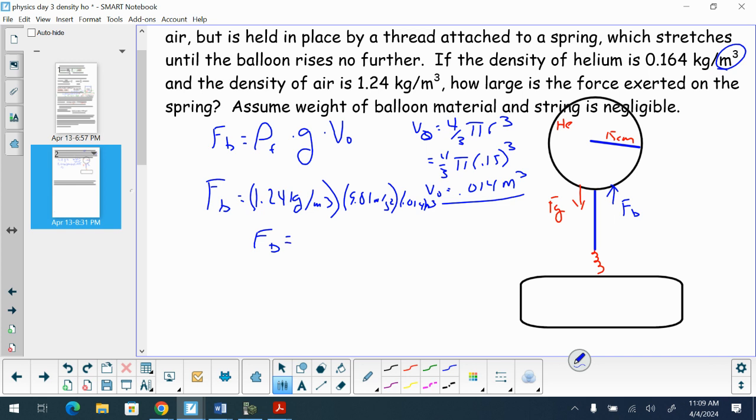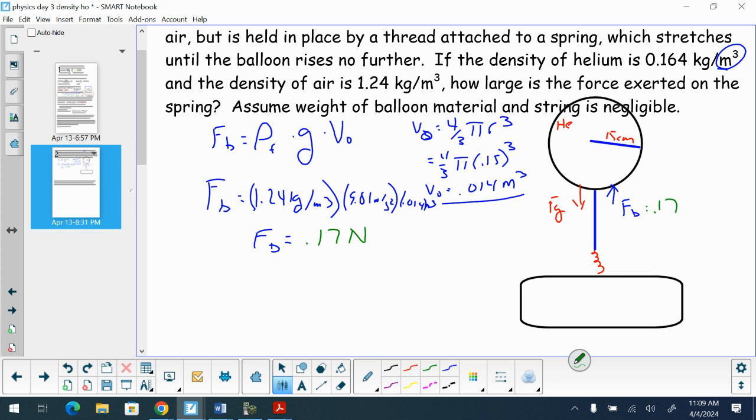Our buoyant force we come up with is what? Kate, what do you get? 0.17 newtons? All right, so that is our buoyant force.